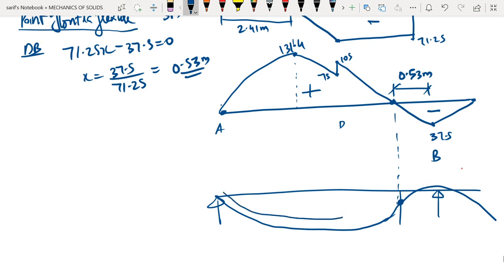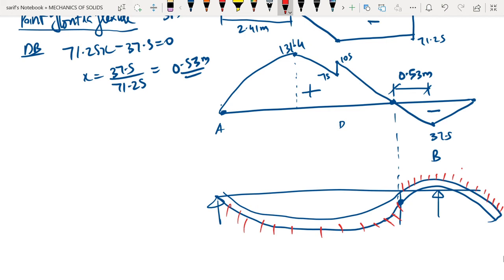So if we draw the deflected shape like this, we are going to have tension at the bottom in all this region, and beyond the point of contraflexure the nature of bending changes into hogging and tension is going to be on the top. So this is the idea of the point of contraflexure.